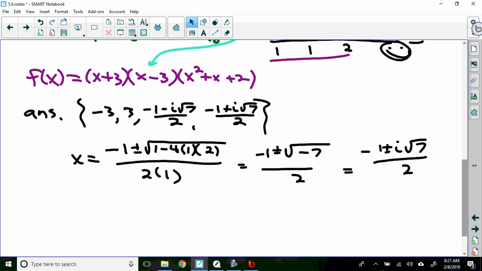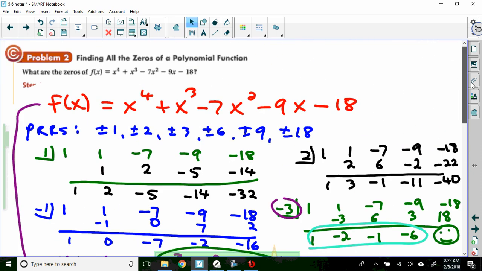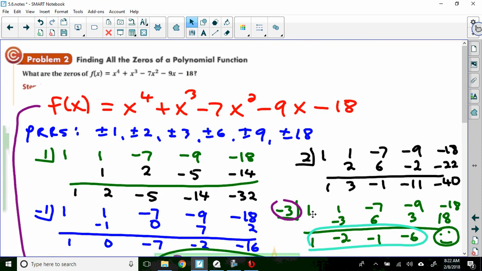Those are it. Now, I told you before that the calculator will give you these, but it's not going to give them to you in a form that your math teacher likes. So I'll show you what the calculator will give you, and it doesn't give it to you in this form, not with the rads and stuff. So what do we have? 1, 1, -7, -9, and -18.